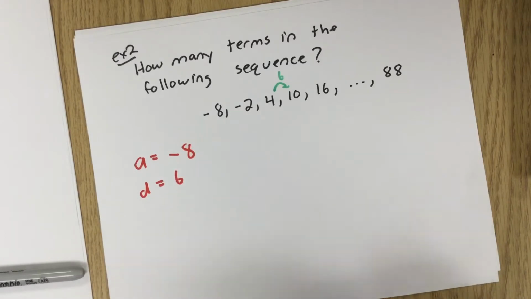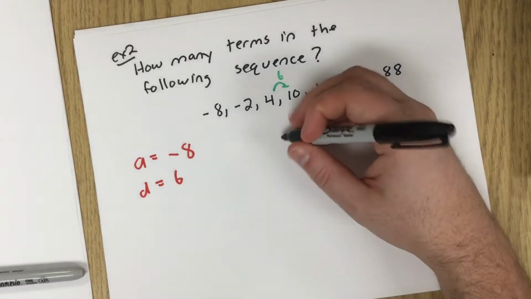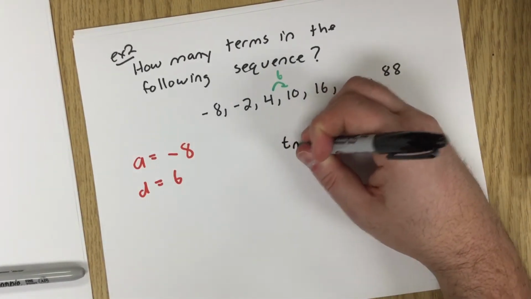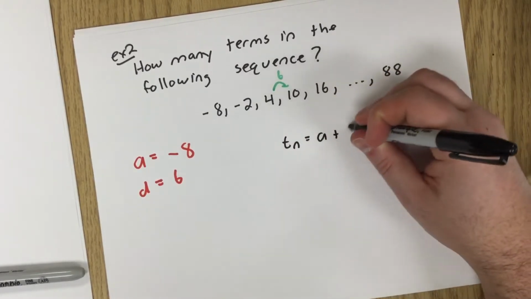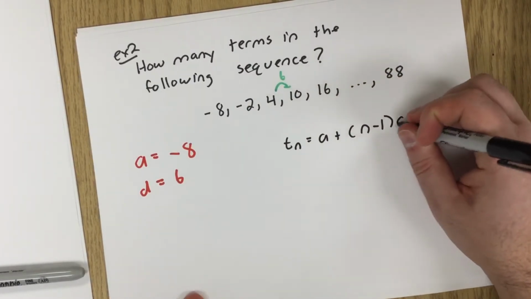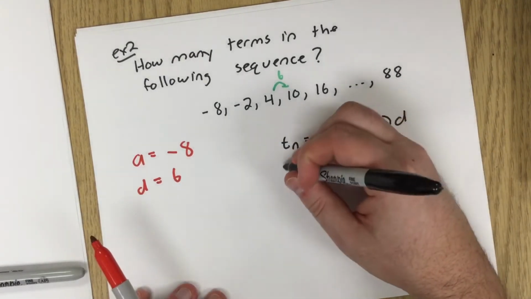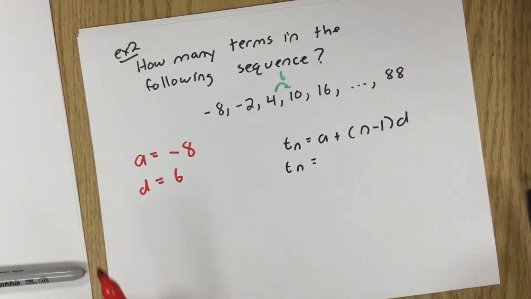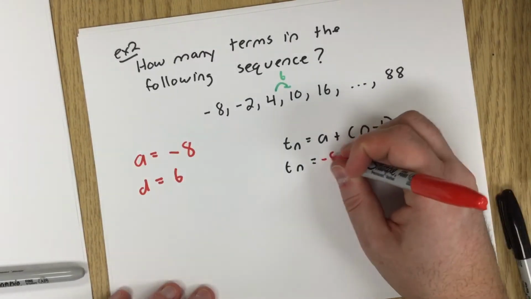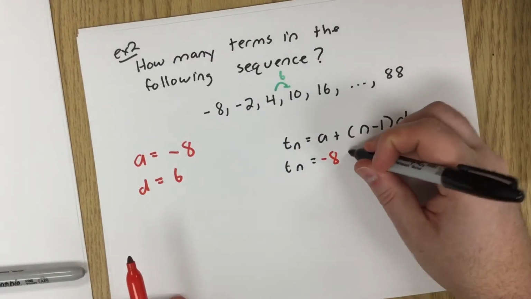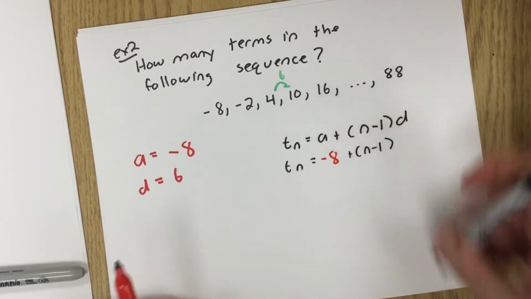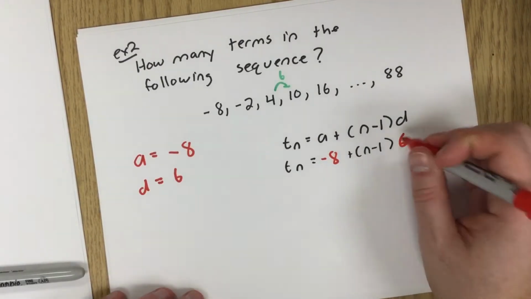So what we have is T of n equals A plus n minus 1 times D. And I'll sub in those things. So T of n equals negative 8 plus n minus 1 times 6.